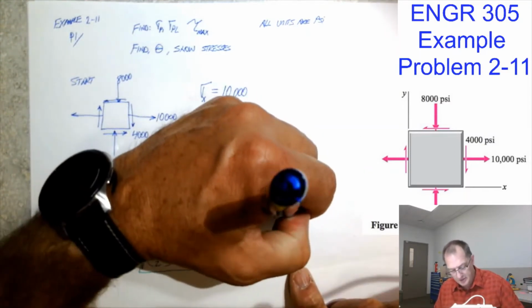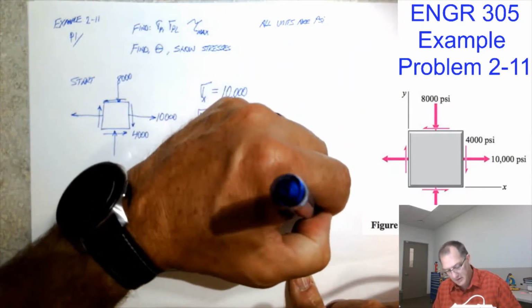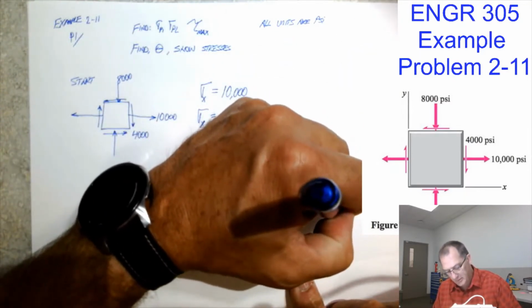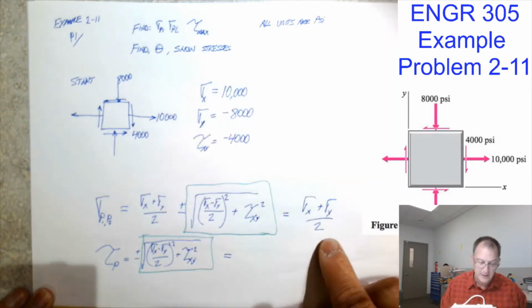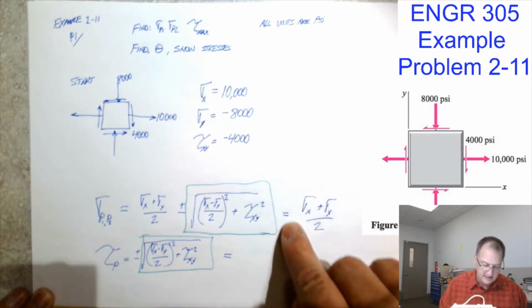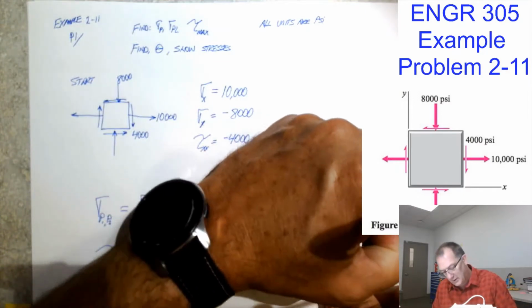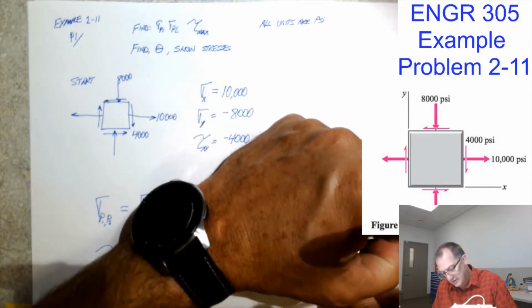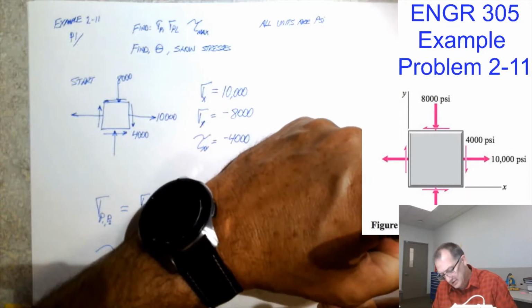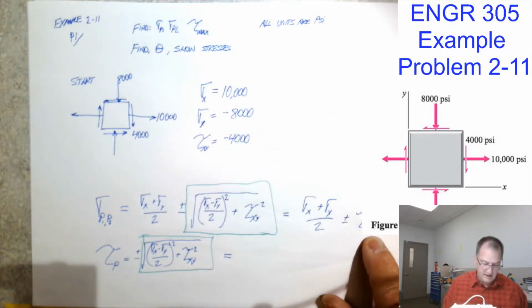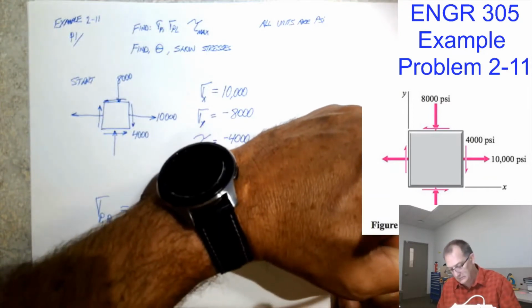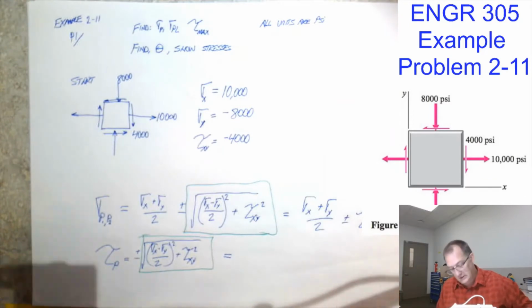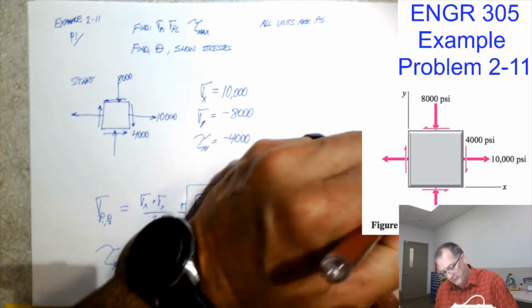And then this equation becomes the normal stress in the x direction plus the normal stress in the y direction divided by 2, the average normal stress, plus or minus tau max. Sorry, I was writing tau xy, but it's tau max or tau principal. Let's put a P there for principal stress.